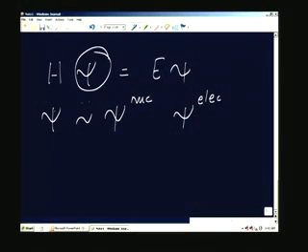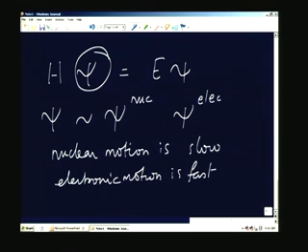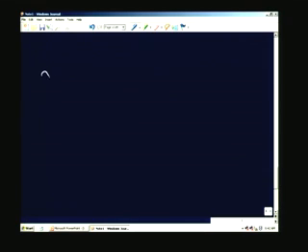Therefore, for the separability of the wave function here, one starts with the psi nuclear and psi electronic, but with the following in mind, namely nuclear motion is slow, electronic motion is fast. Therefore, what one assumes is that the psi electronic wave function is a function of all coordinates.